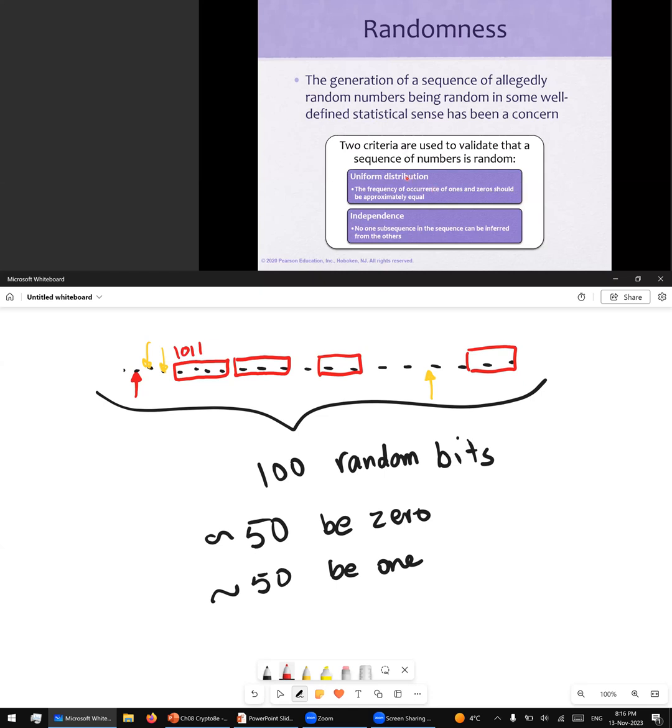So when we talk about randomness, we're basically talking about these two properties: uniform distribution and independence.